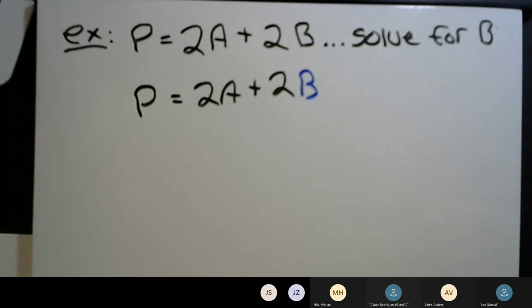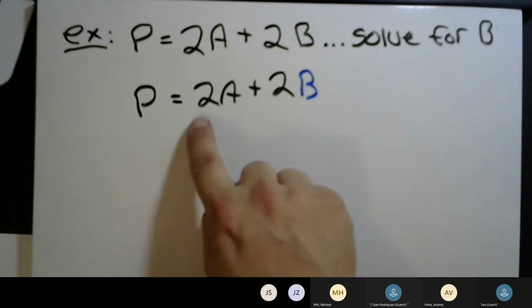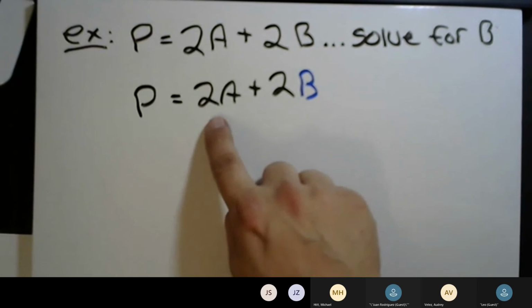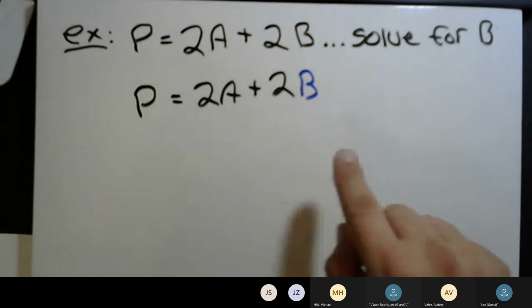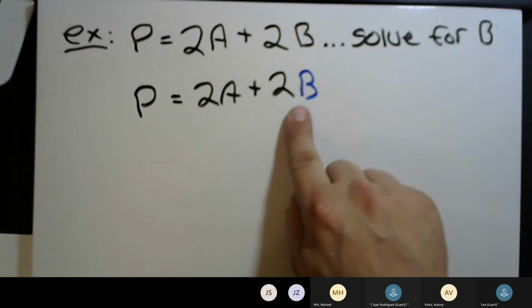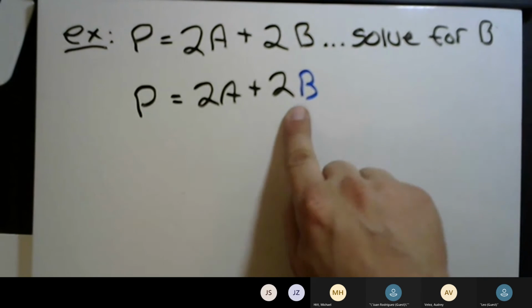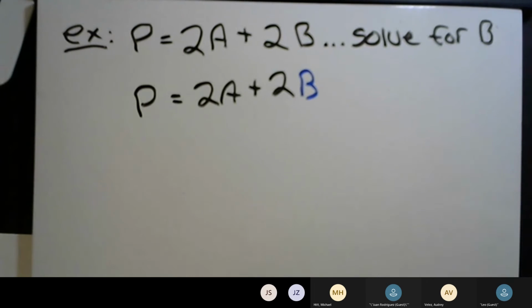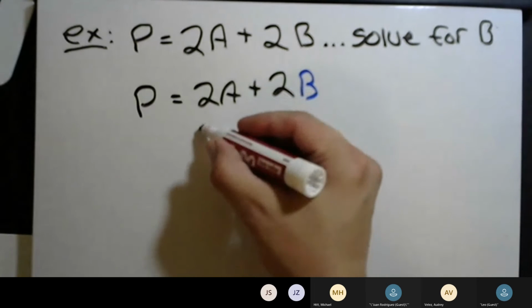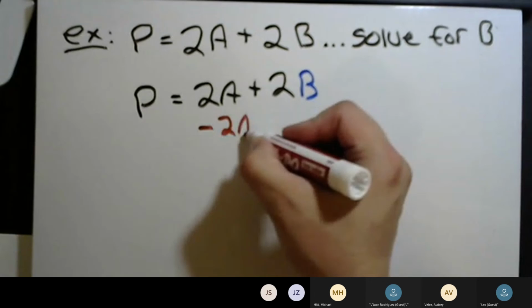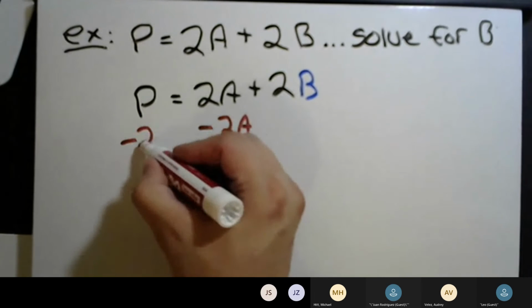But we're doing algebra, so we're gonna go the opposite. We're gonna cancel adding this quote unquote number 2a, and then cancel the multiplication by 2. So the opposite of 2a is negative 2a.